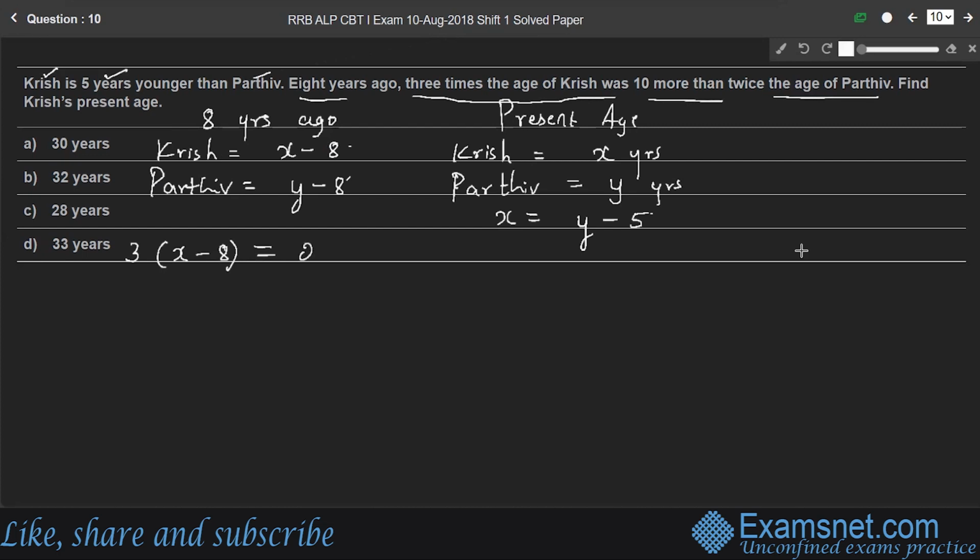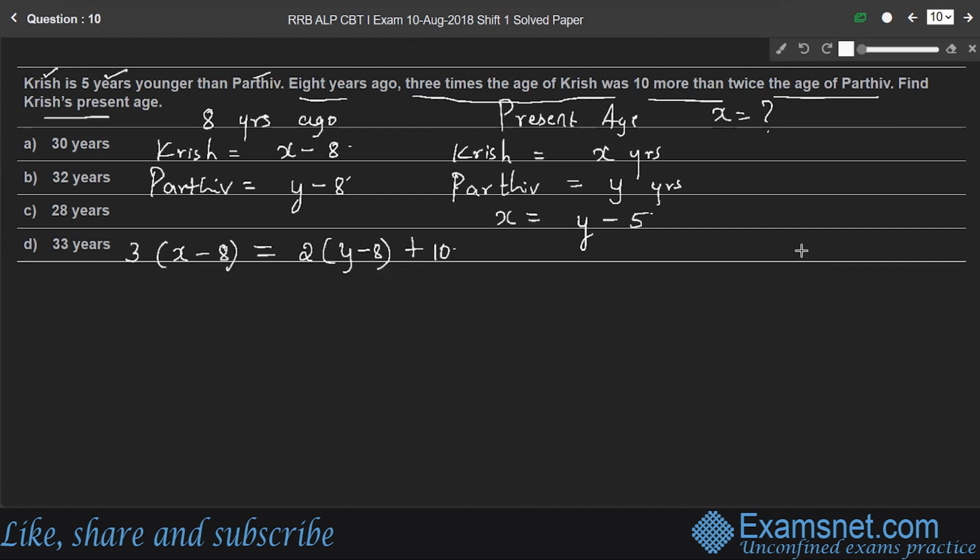Twice the age of Parthiv means 2 into Y minus 8, plus 10. 10 more than means we have to add 10. So what is the value of X then? We have to find the value of X.